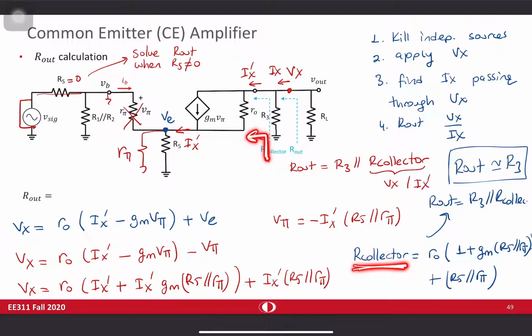Maybe in 414 we can discuss more in detail if you take it. But basically, this degeneration R5 improves the output resistance of the transistor. If you do not have this R5, you see R0 from here. But once you have R5 in here, the resistance seen is significantly improved and much larger. That's one of the advantages of common emitter amplifier with degeneration.